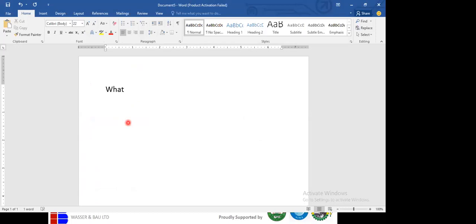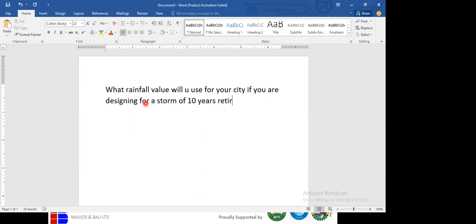What rainfall value will you use for your city if you are designing for a storm event of 10 years return period? 10 years return period means the frequency is 0.1.